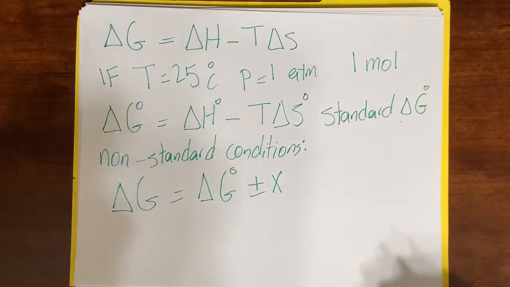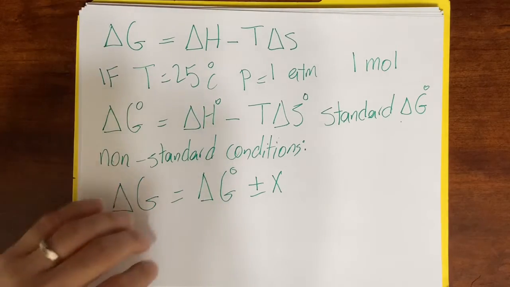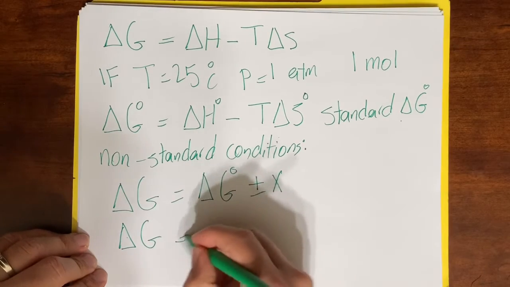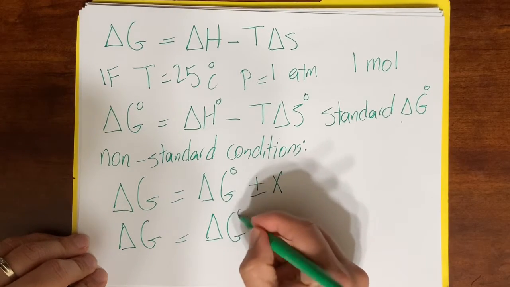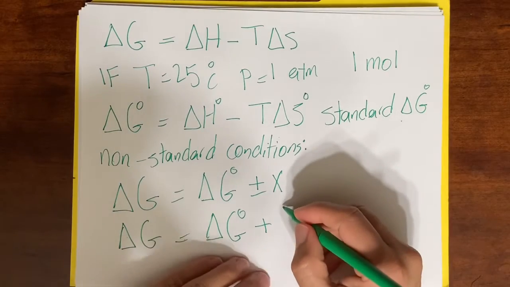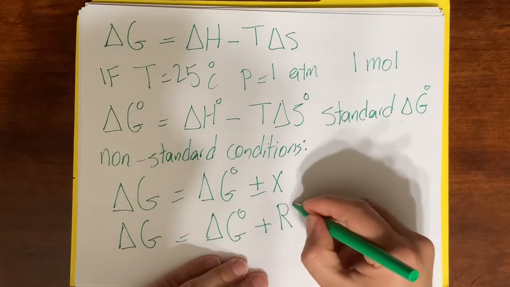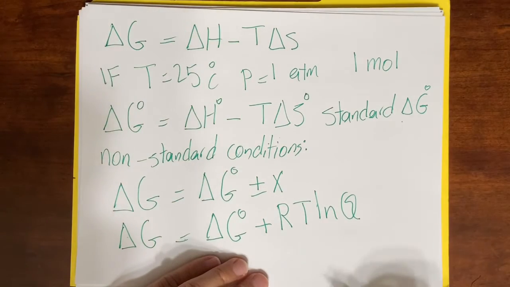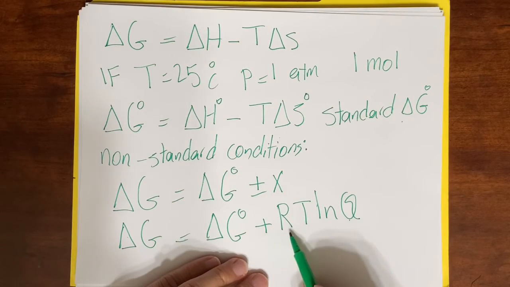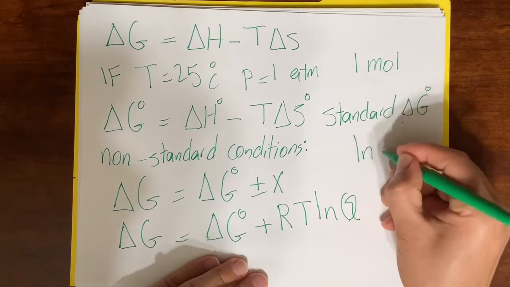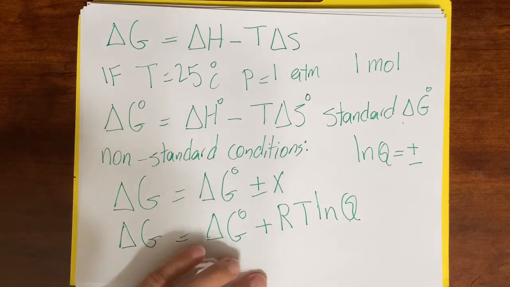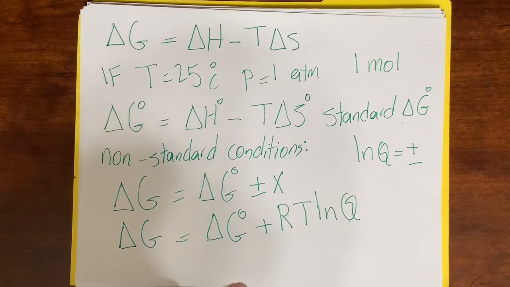Pressure maybe goes up or volume goes down, and you need to apply that correction. The correction is this: delta G is equal to standard delta G plus RT ln Q. Ln Q can be positive or negative, so that's the reason I said plus or minus.